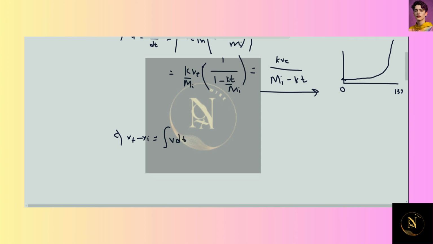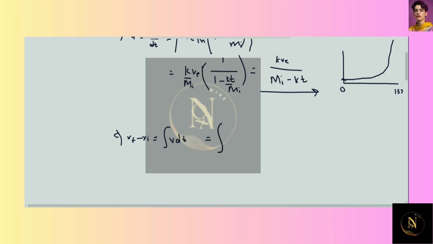So this will give you the change in position, because we know that the velocity is a derivative of the position. So to go backwards, you have to integrate the expression. We already have an expression for the velocity, so we want to integrate that expression.